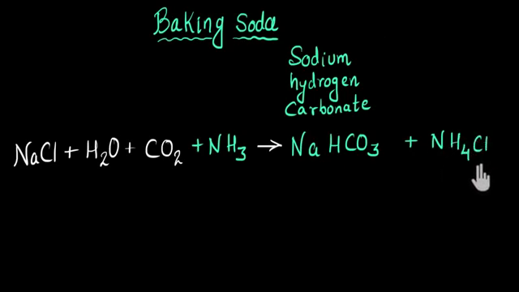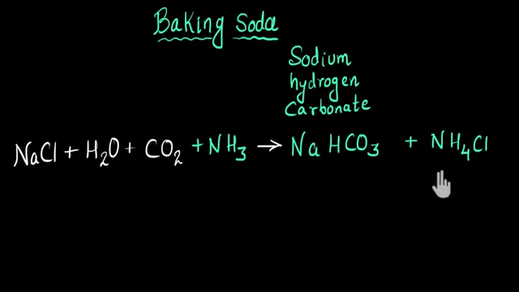So okay, to make baking soda, I need 4 ingredients, sodium chloride, water, carbon dioxide, and ammonia. Don't forget this one. I usually forget this one, okay? Don't make this mistake. So we need 4 reactants and then I'll get baking soda or sodium hydrogen carbonate. And along with this, one more product is getting formed, ammonium chloride.